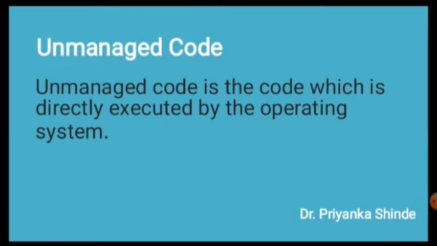Our next point is unmanaged code. What we have seen is that managed code is the code which is executed by the Common Language Runtime, meaning the managed environment. Then what is unmanaged code? Code which is directly executed by the operating system is called unmanaged code.